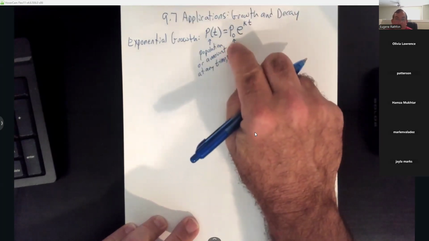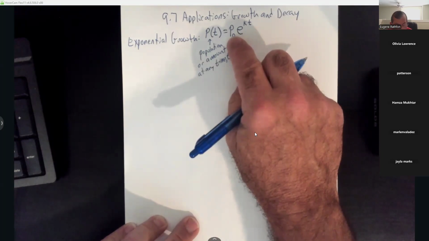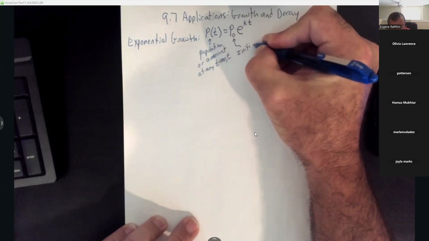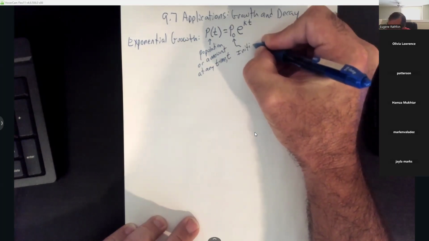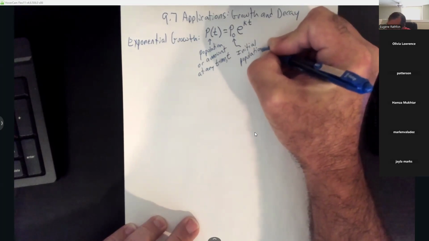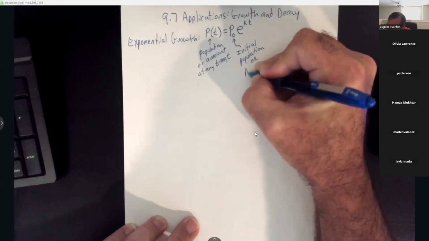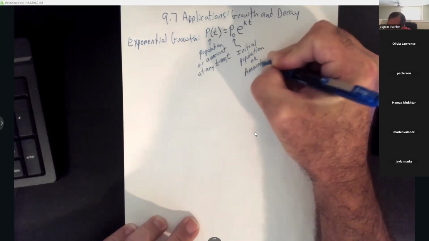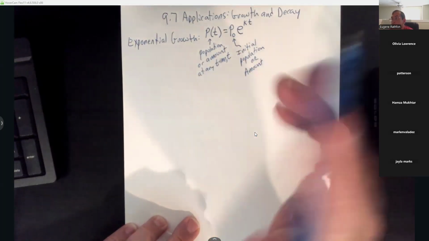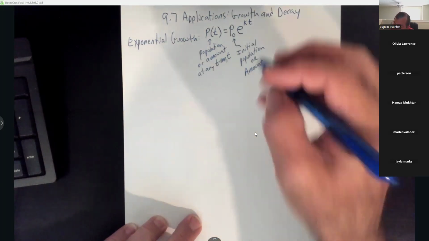Now that's a P sub O, like a subscript, and this means our initial population or amount, sort of like the principal balance on the last formula, okay?